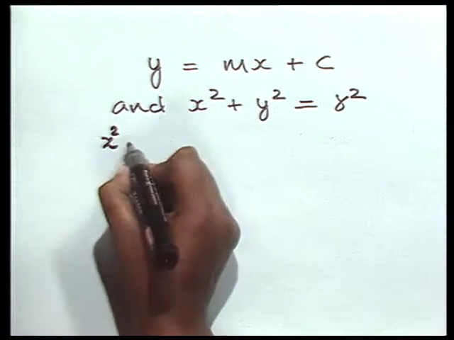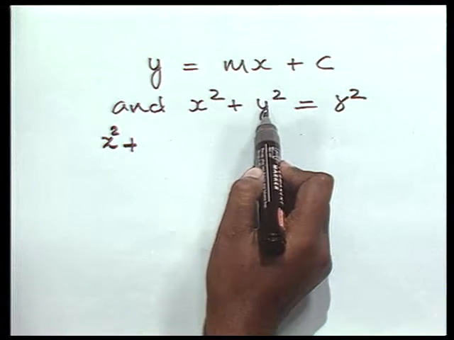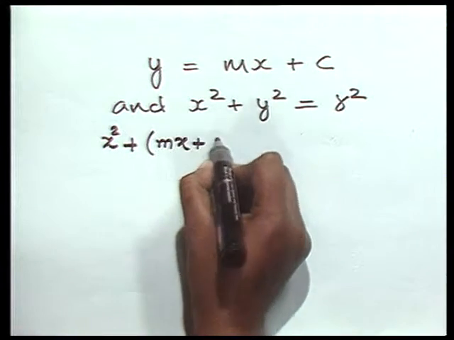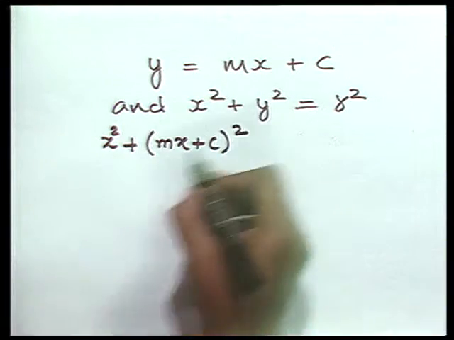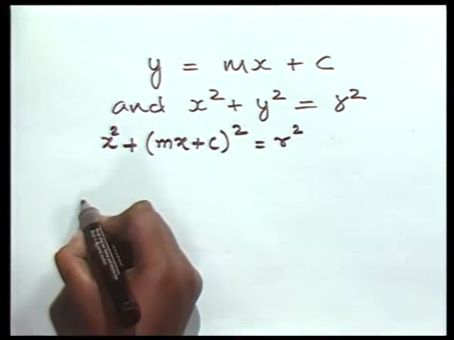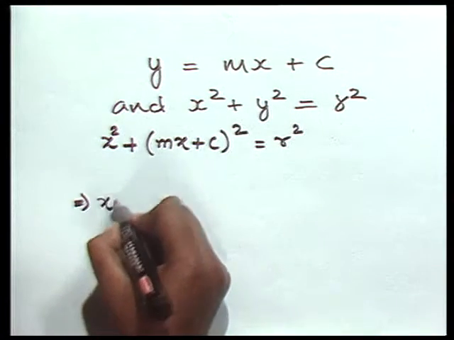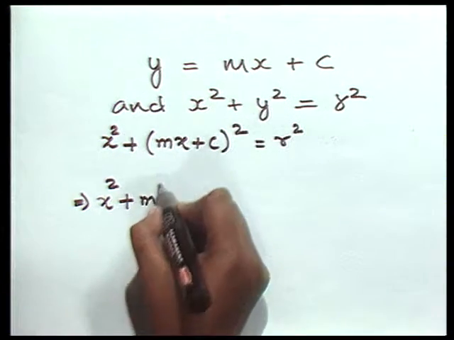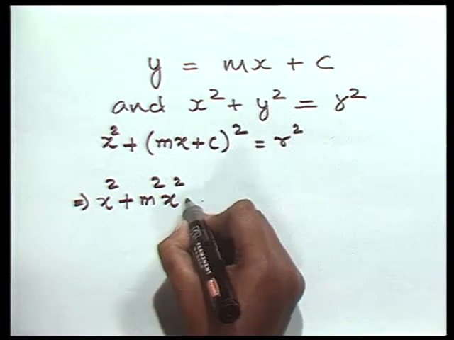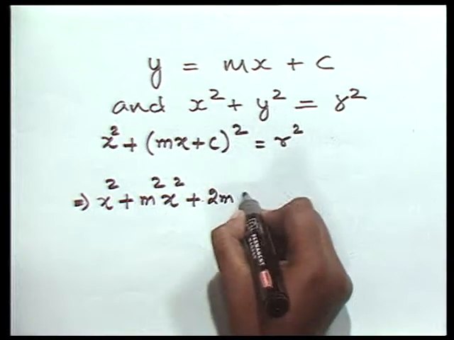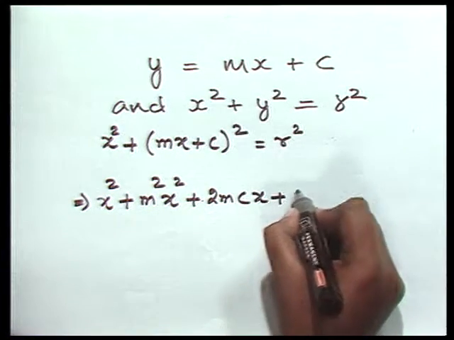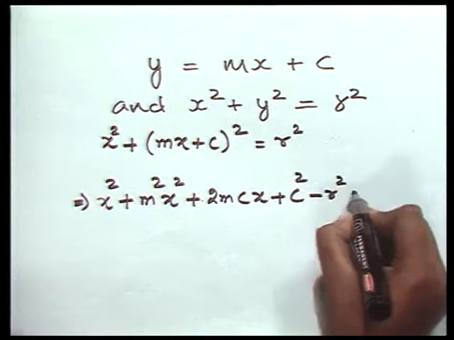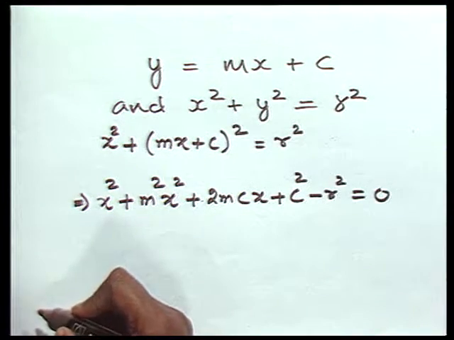x square plus, we replace y square by this value, mx plus c whole square, equals r square. This gives us x square plus, now this is the a plus b whole square formula, so m square x square plus 2mcx plus c square, and r square is taken to the left hand side, minus r square equals 0.